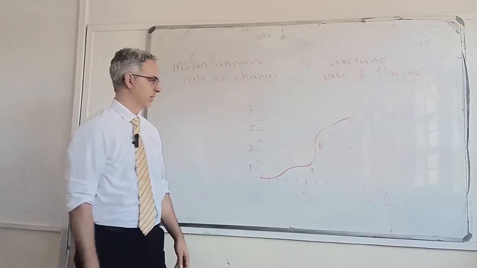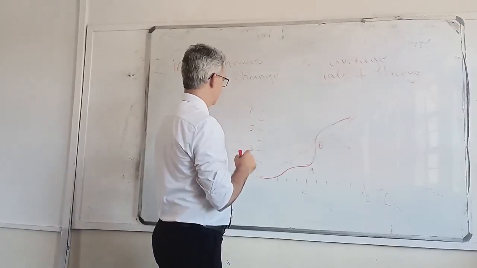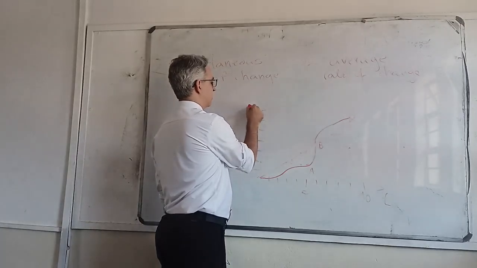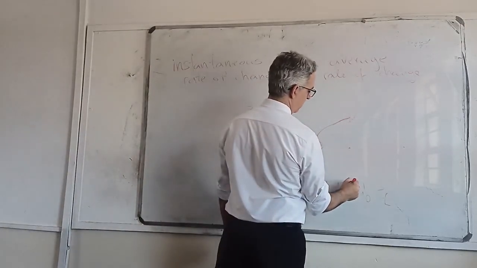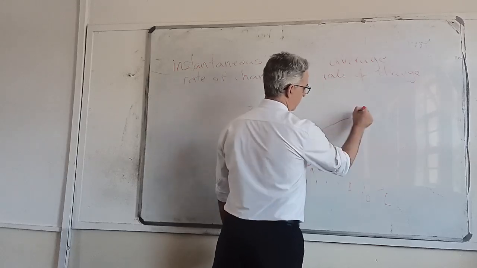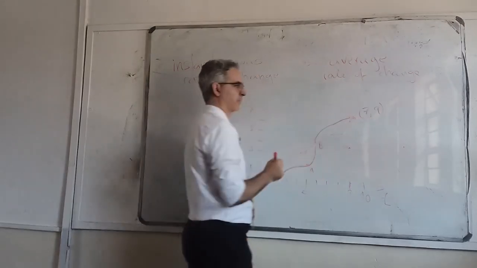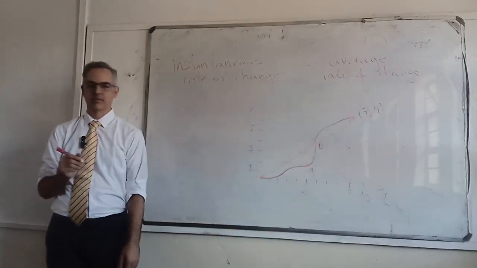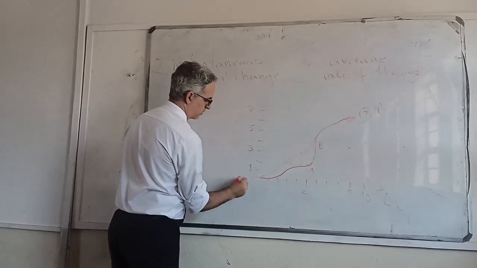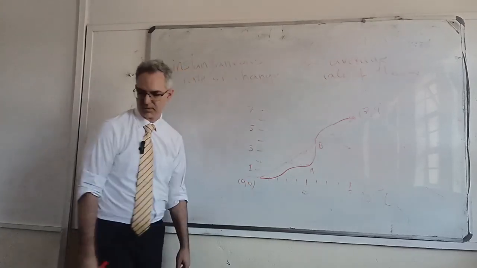Okay. I'm going to use, let's just say 7 meters and 9 seconds. So we'll say this point is the point 7, 9. And here is the point 0, 0. Wait, that's going to be messy.